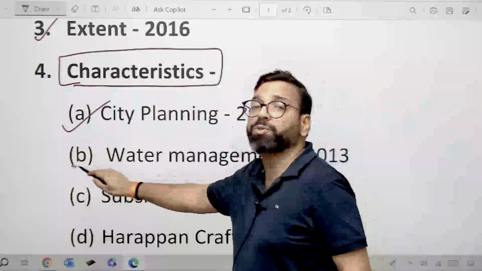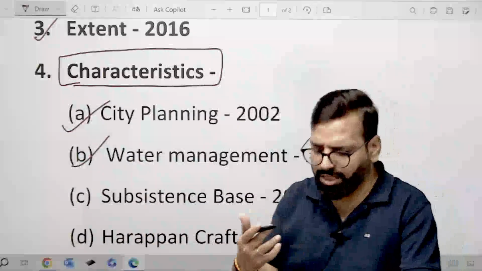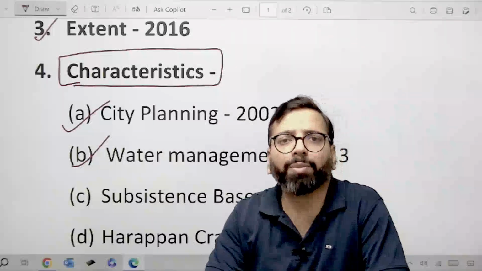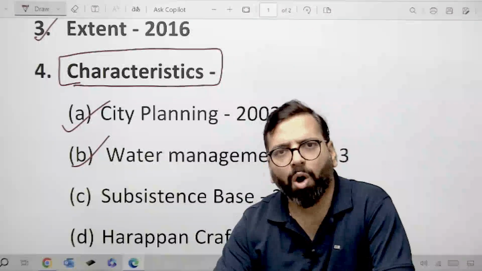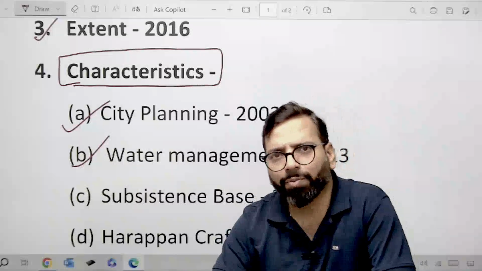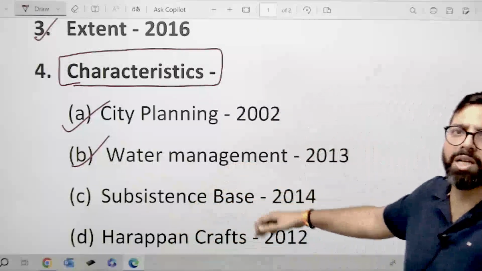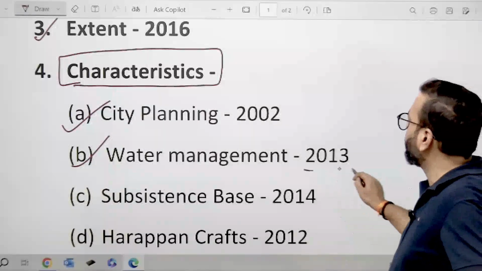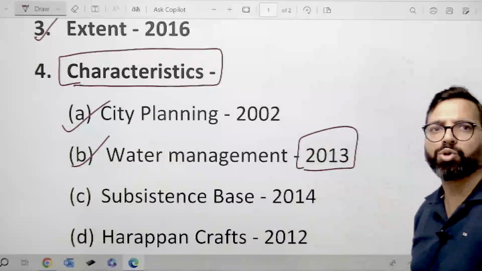Then water management. Recently, as all of you know, Dholavira was awarded UNESCO World Heritage Site status because of its water management technique, the reservoirs and all, and thus water management technique is definitely one of the prominent topics, and in 2013 May, UPSC has already asked a question.